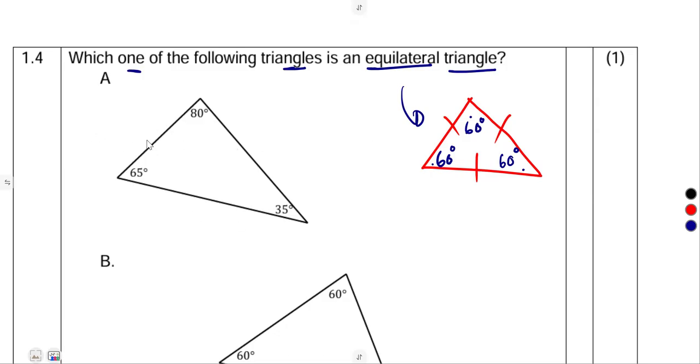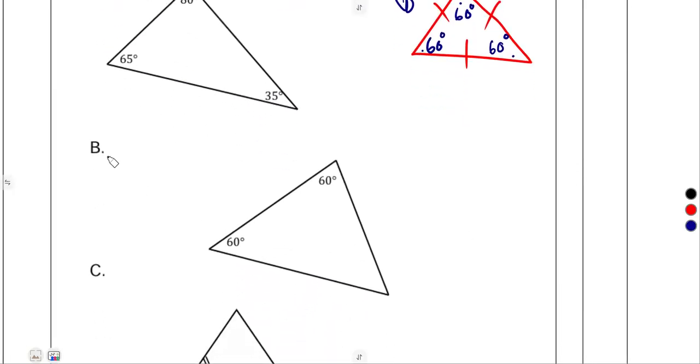So A is totally wrong. These angles, we do not have 60, 60. So A is totally wrong. All right, B, there is an angle of 60 degrees, 60 degrees. Remember, angles in a triangle, guys, add up to 180.